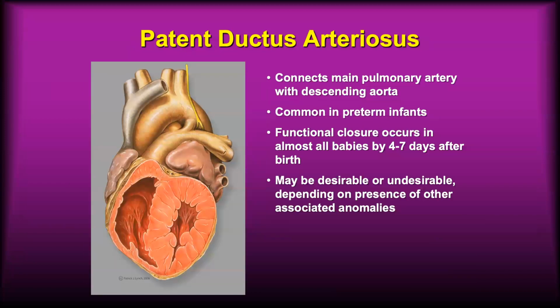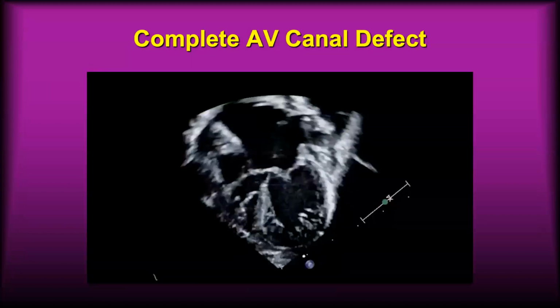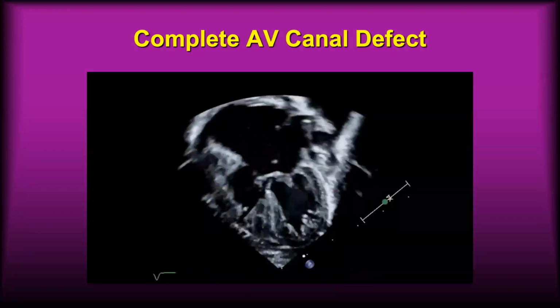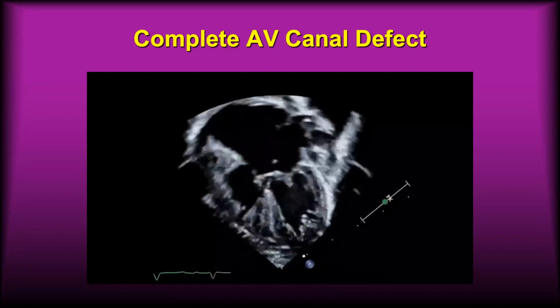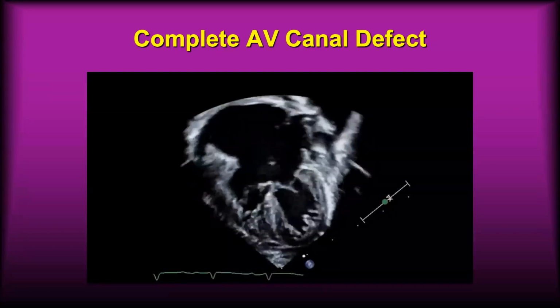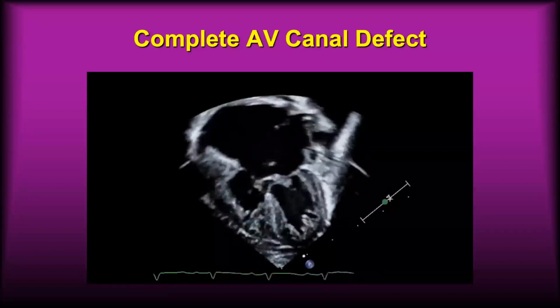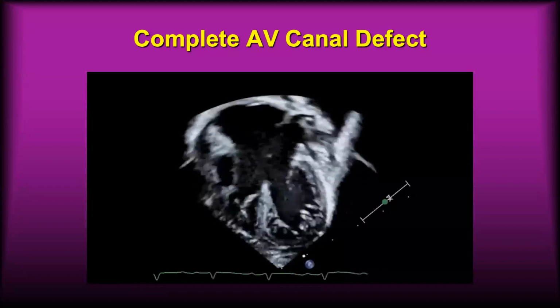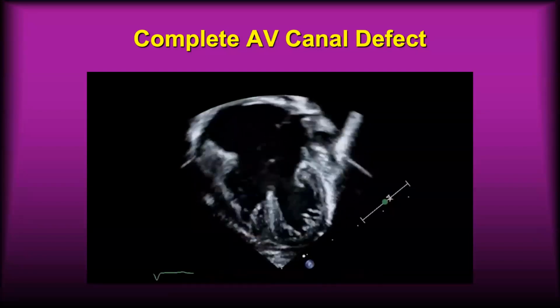Play. All right, so we can see, you can't see the interatrial septum very well at all here. It's hard to tell if that's VSD. It looks really thin right in there.